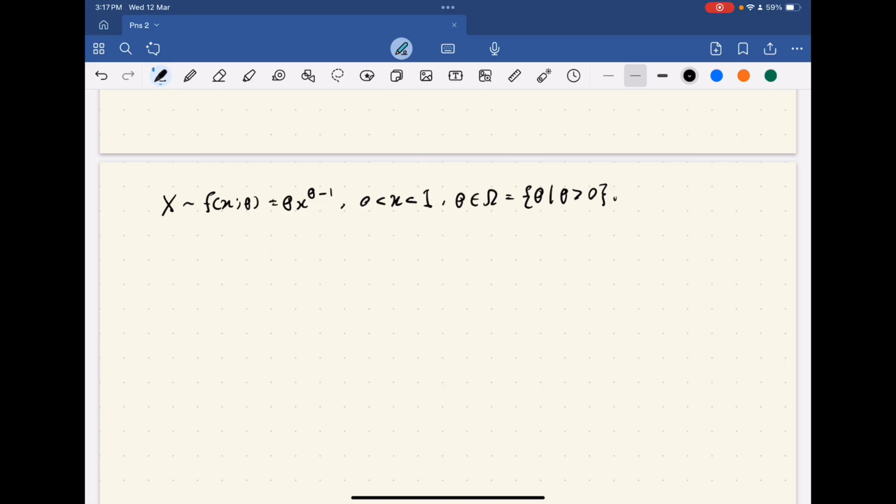So we want to find the Rao-Cramer lower bound for the variance of an unbiased estimator.